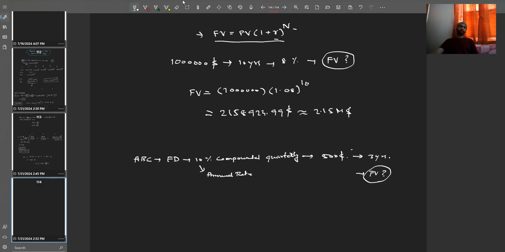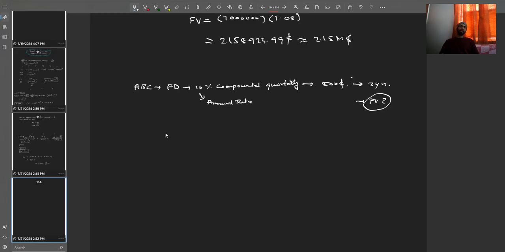Same as that, right? Now how do you find this out? So here the key thing is 10% annual rate compounded quarterly. What does this mean? This basically means that the compounding will happen 4 times every year. Right, friends?